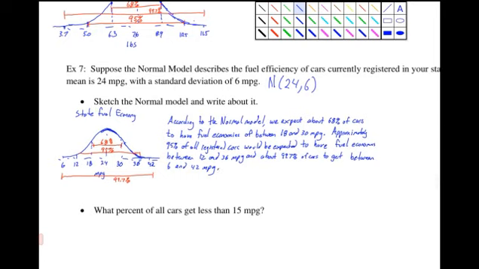Yes, you need to write all that out, every word of it. That's how I would expect you to do it on a test. That's how you'll be expected to do it on the AP exam.